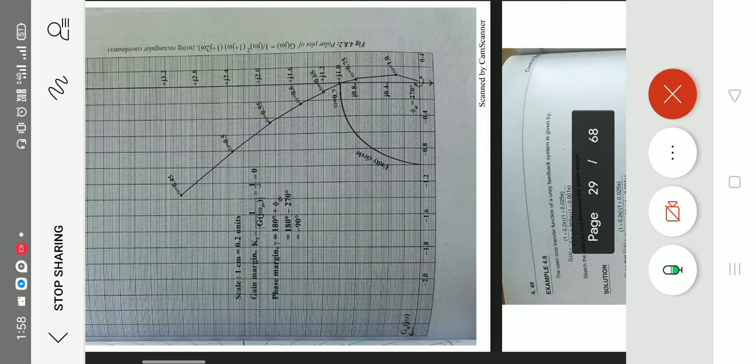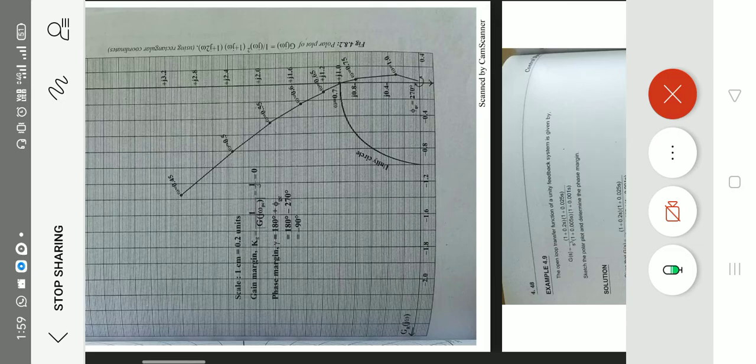But here there is no touching point with the x-axis, so we take infinity, and 1 by infinity is 0. For the phase margin, how much angle the polar plot makes from the x-axis, that value here is minus 270 degrees. So we substitute 180 minus 270, that is minus 90 degrees.